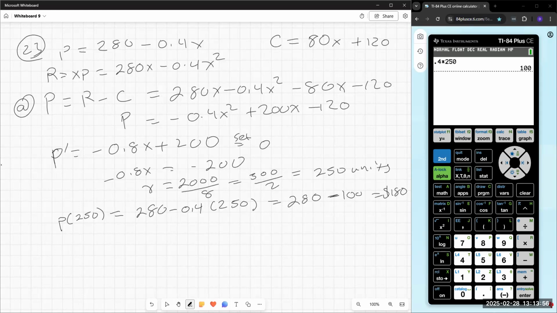Now, part B asks us to find the average cost per unit. That would be 80 plus 120 over x, when x is equal to 50.